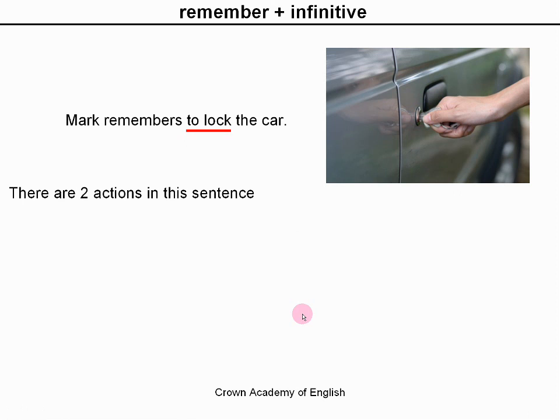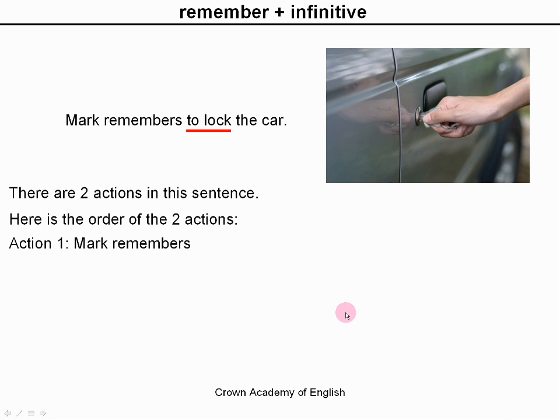Well, first of all, notice that there are two actions in this sentence. And I'm going to show you the order of the two actions. So the order in time of the two actions. So action 1, first of all, Mark remembers.